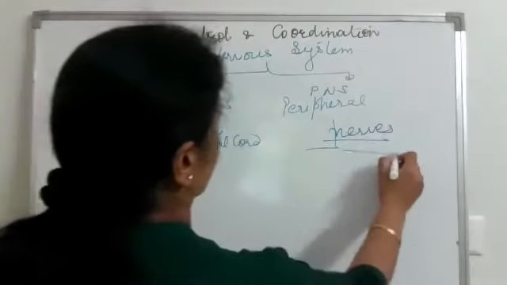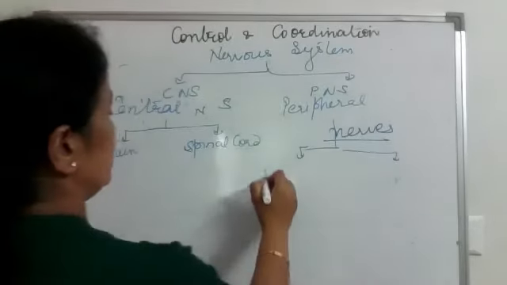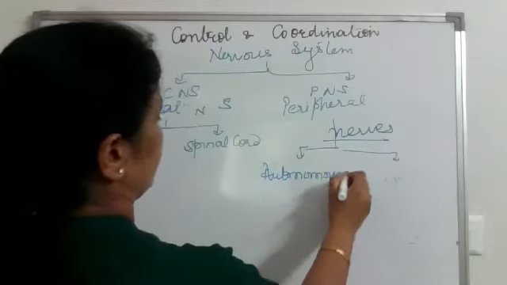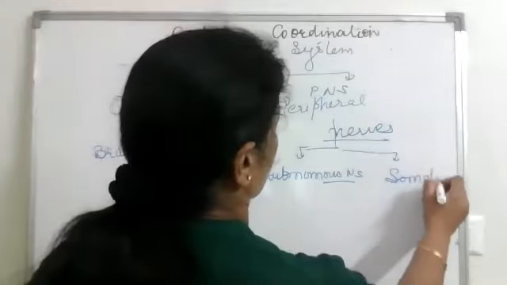This can be further divided into two different categories, the autonomous nervous system and the somatic nervous system.